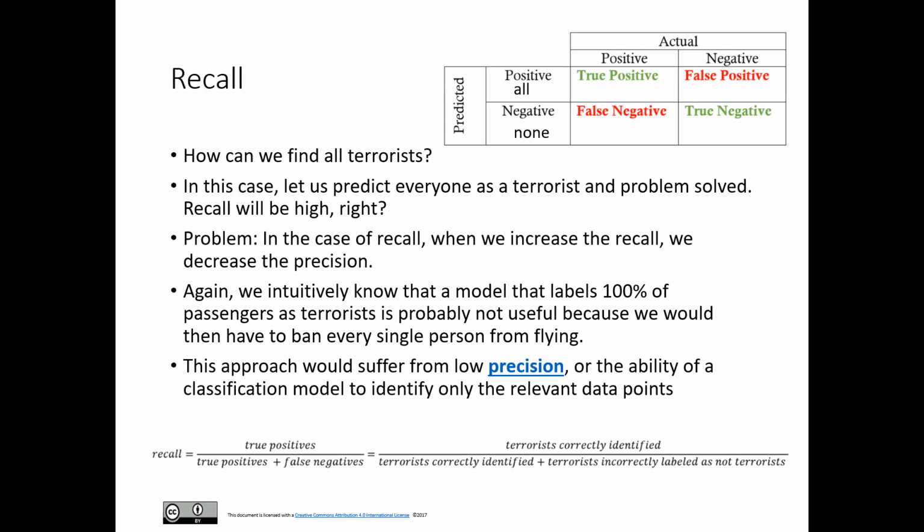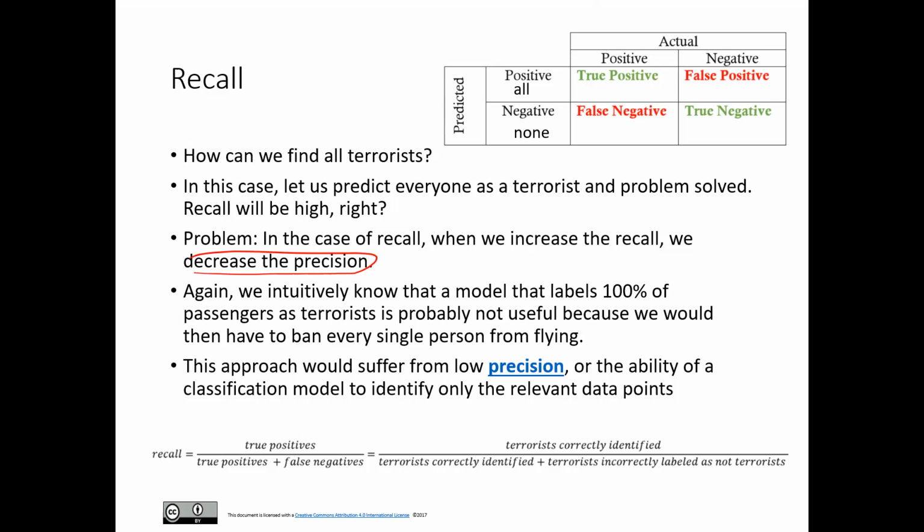The problem is that as we increase recall, we decrease precision, and precision is also important, as we will see in a second. That's why the F measure is good. It tries to balance both precision and recall.